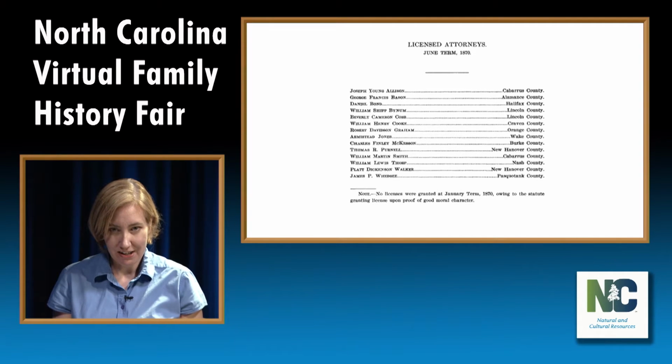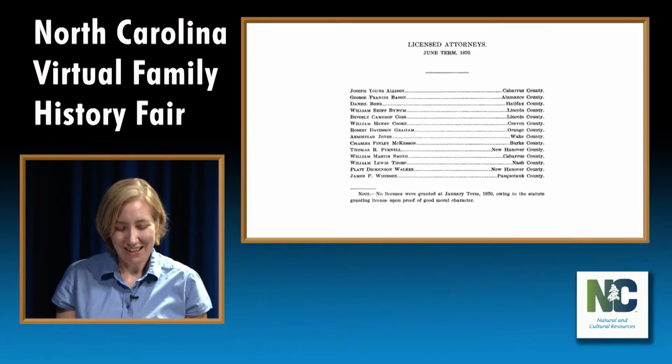And what I love is that there's also this little note at the bottom, from 1870, that there were no licenses granted at the earlier term owing to the statute granting license upon proof of good moral character. So apparently in the previous session there was not proof of good moral character, so they were unable to license new attorneys.